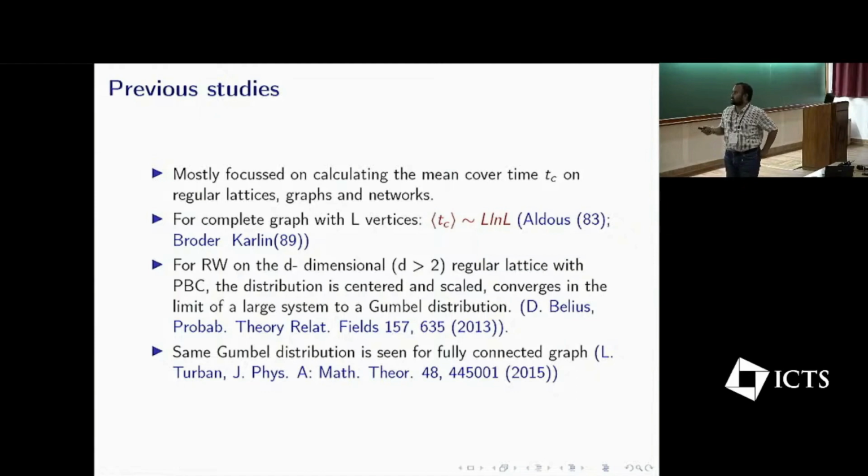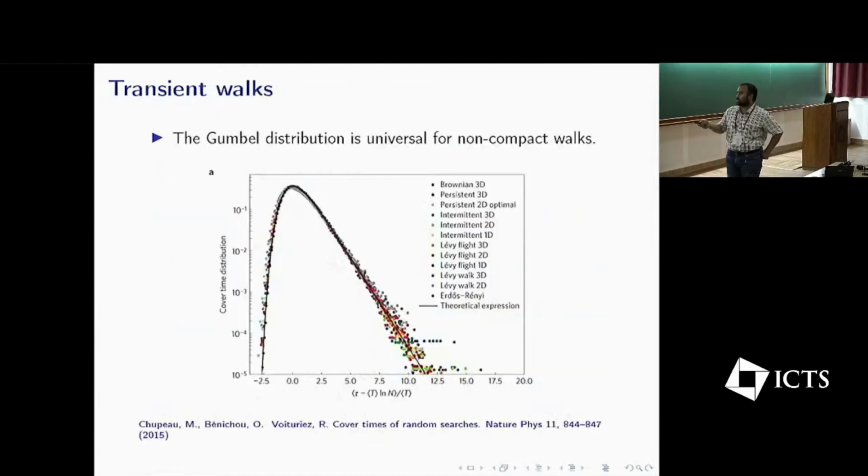The Gumbel distribution is found for connected graphs as well. This paper shows that for different random walks in 3D, Brownian 3D, persistent 3D, and so on, you find a universal Gumbel distribution law for transient non-compact walks.